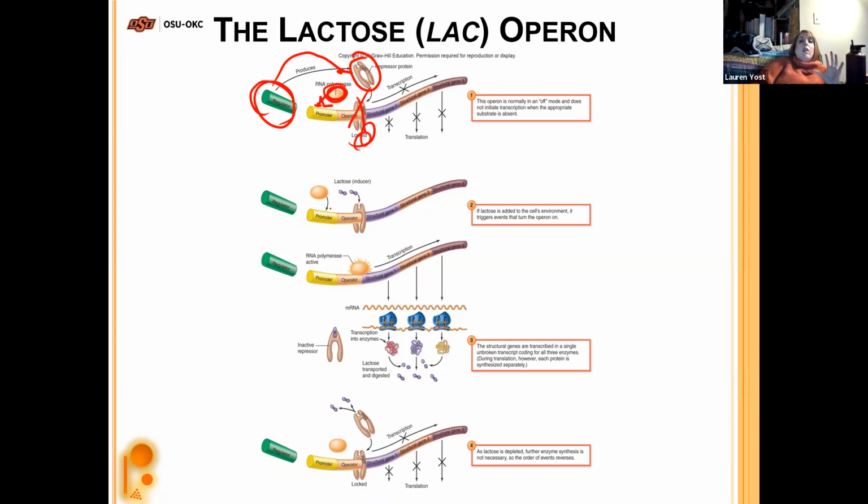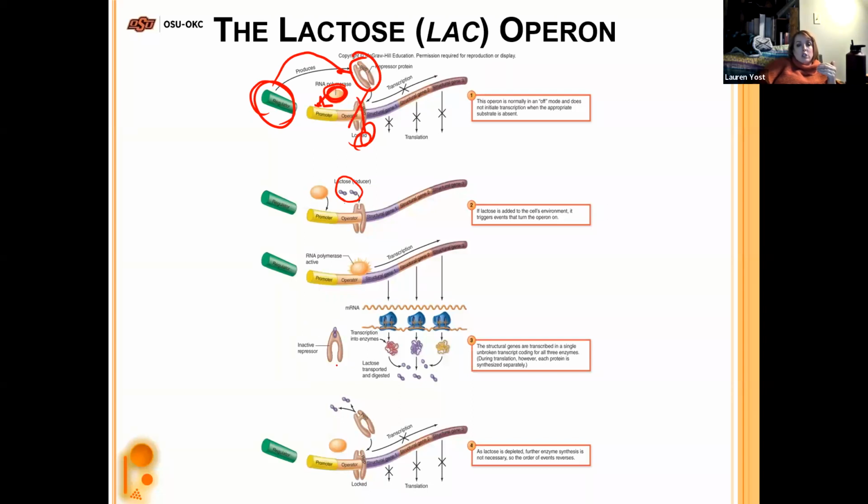To turn it on, when we have lactose introduced to the system, our inducer, because this is an inducible operon, we are going to have lactose interact with the repressor. When that happens, there's a chemical interaction, right? Because it's all chemistry.